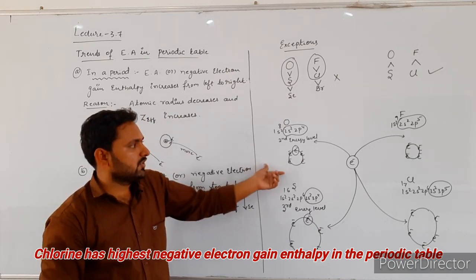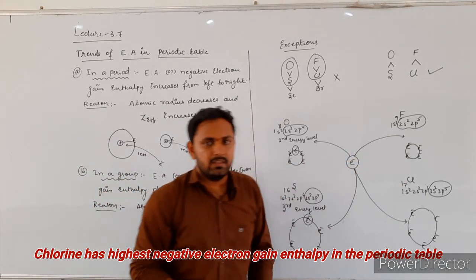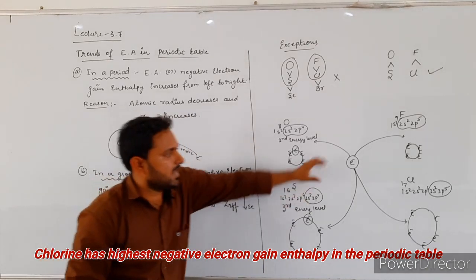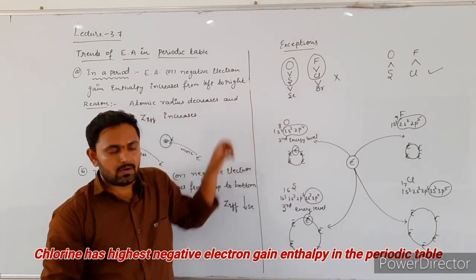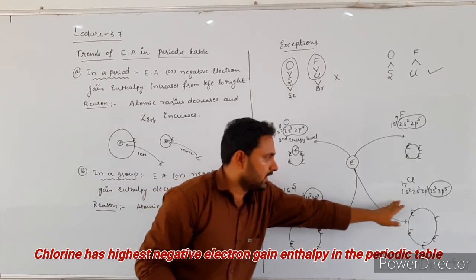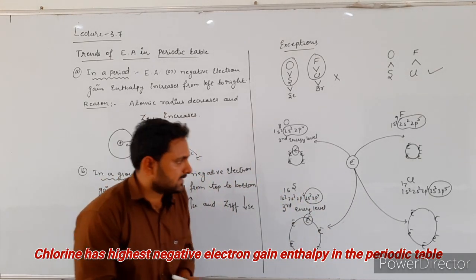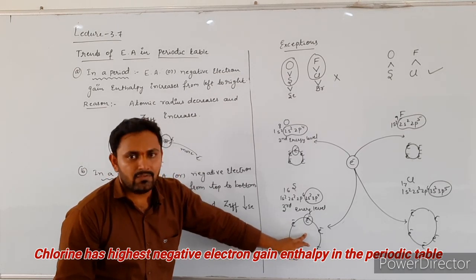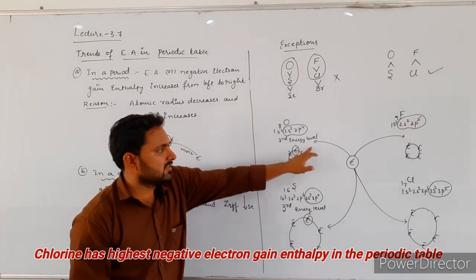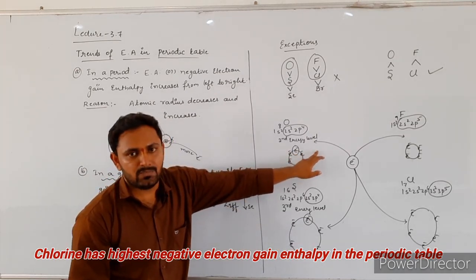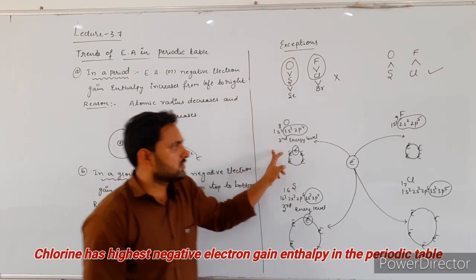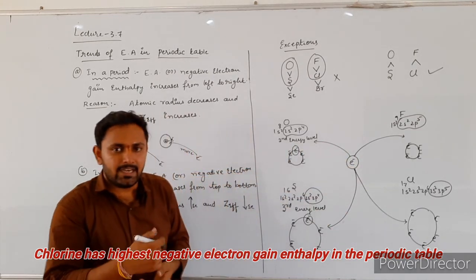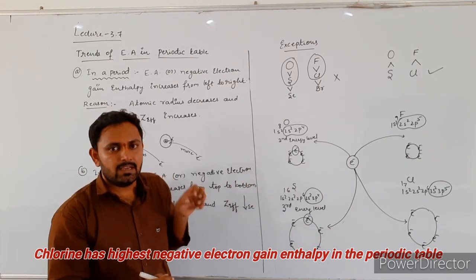That's why oxygen and fluorine have less tendency to accept an incoming electron, but sulfur and chlorine have more tendency to accept an incoming electron. Why? Because here there is less force of repulsion. Here, because of more force of repulsion, oxygen and fluorine have less tendency to accept incoming electrons.